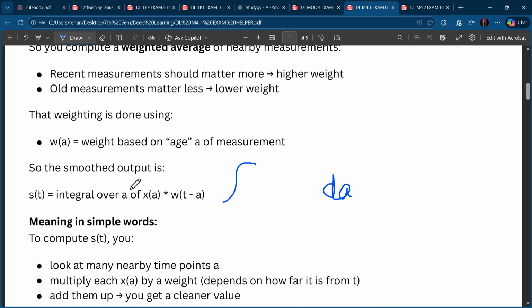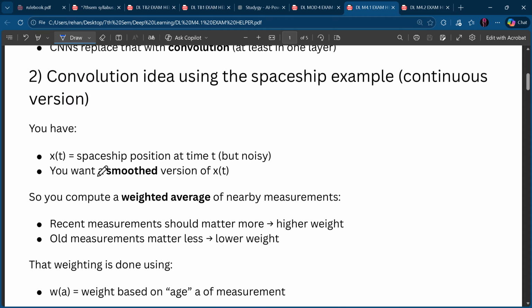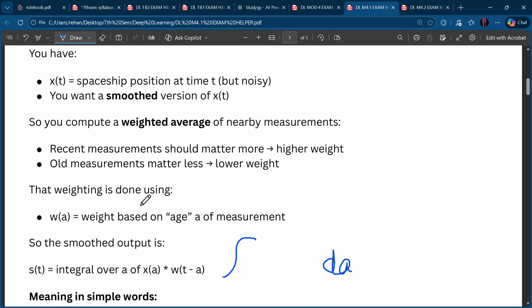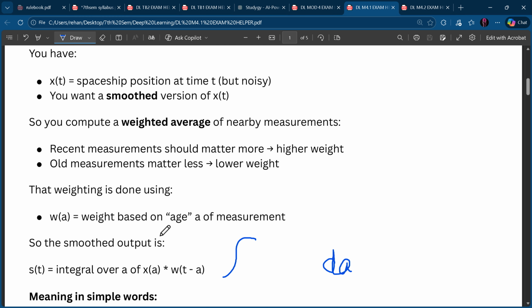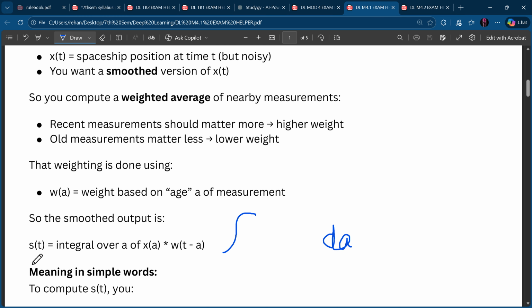So the smoothed output is s(t). This is the spaceship's x(t). The smoothed output s(t) is equal to the integral over a of x(a), the actual spaceship position at a previous time, times w(t minus a), da.